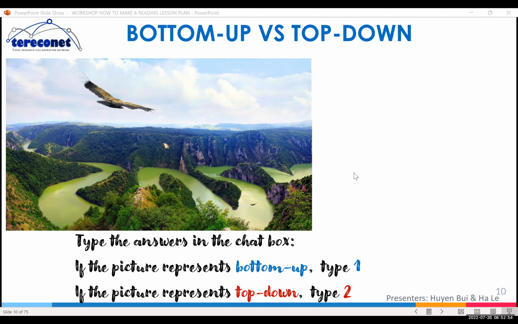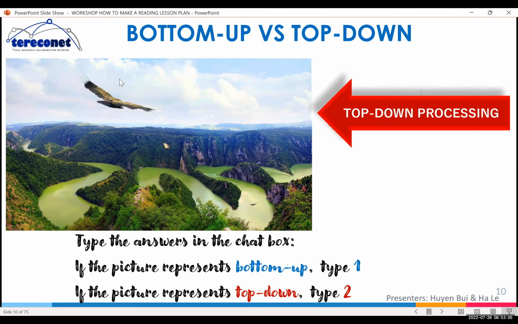Okay. In fact, this picture represents the top-down processing, or we say the top-down approach. So as you can see here, what's this? This is the eagle. From a great height like this, the eagle's vision is so large.